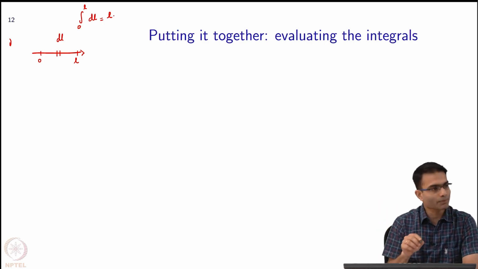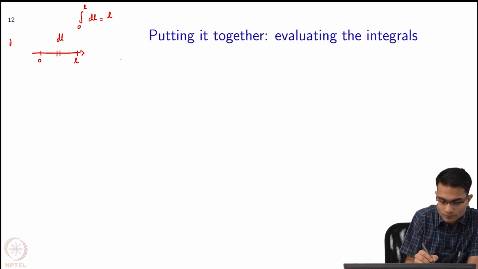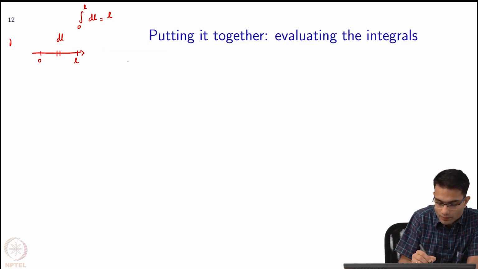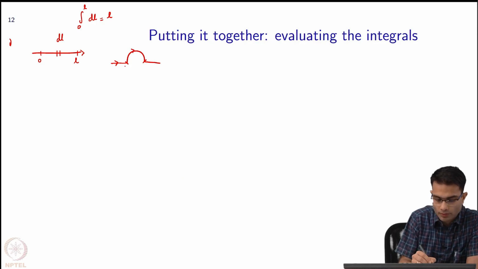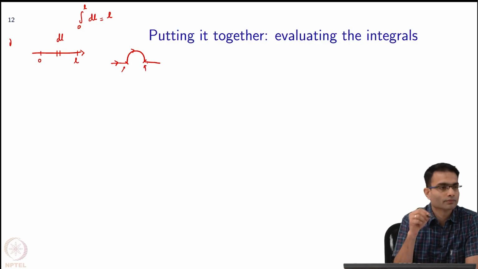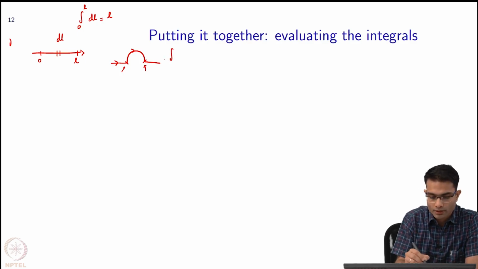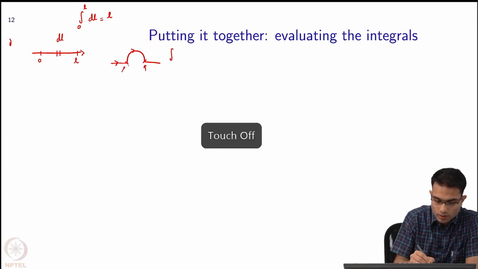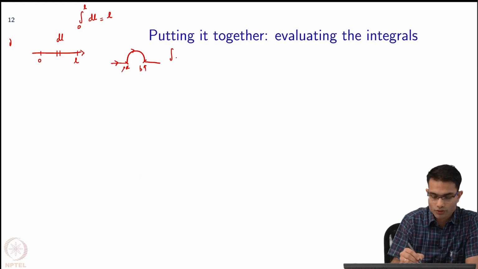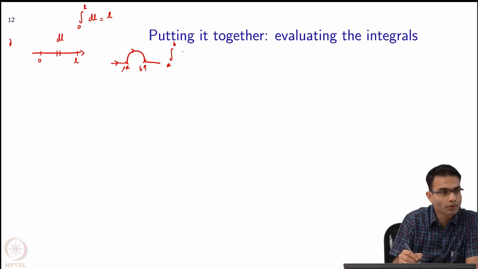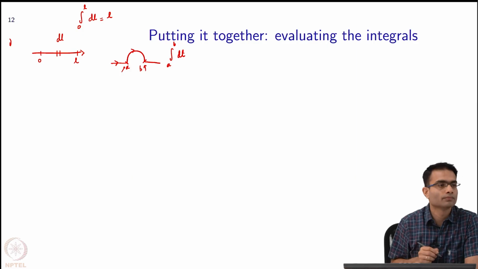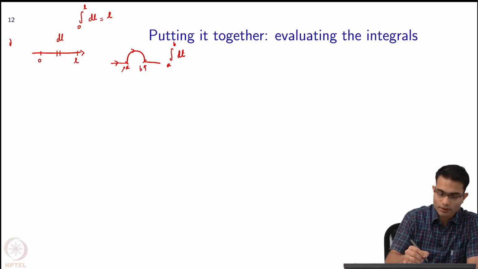Now, let us do the same calculation in a slightly different way. So, supposing I am going from this point over here to this point over here, let us call this point A and let us call this B. I am going from the point A to B along the contour, and I want to find out the integral of dl.